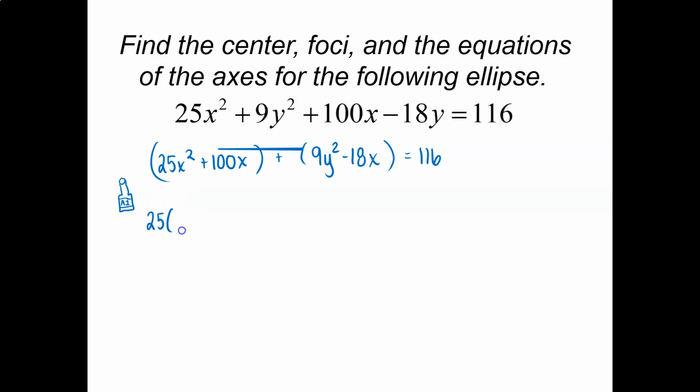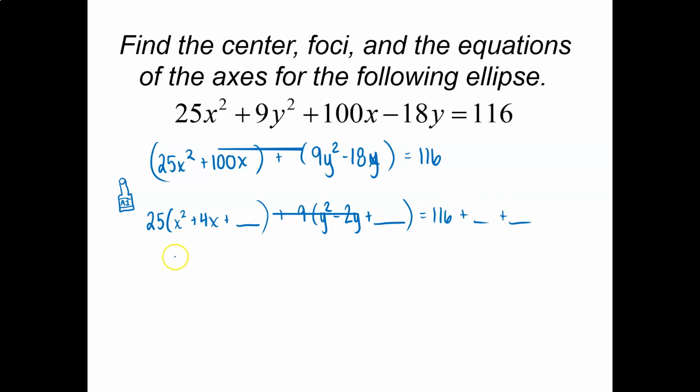Whereas last time we could do it for everything. So we got x squared plus 4x plus blank. And then over here, we're going to factor out a 9, which will give us y squared minus 2y plus blank equals 116 plus blank plus blank.